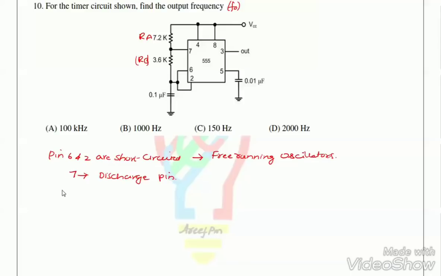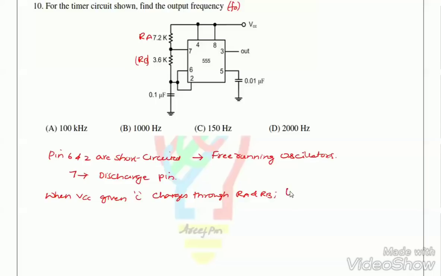Right. So when VCC is given, the capacitor C charges through RA and RB.